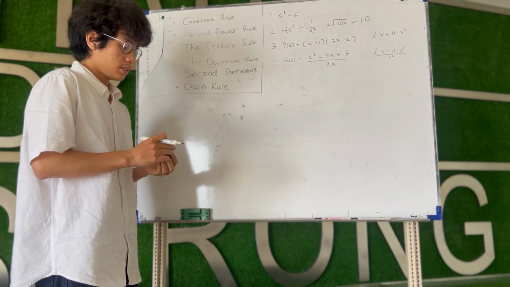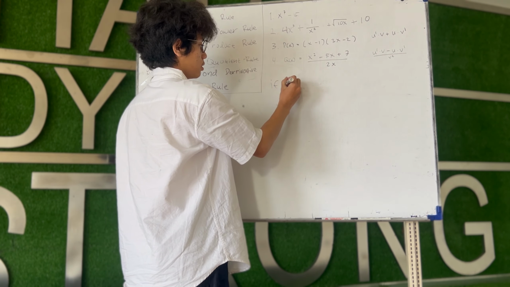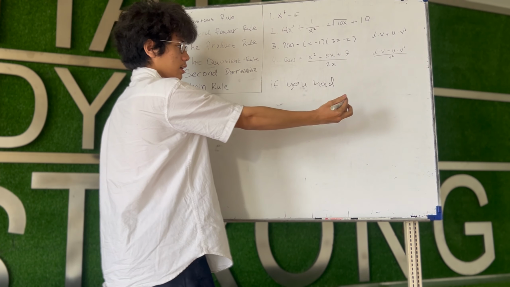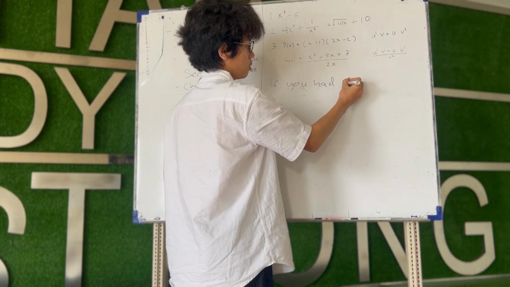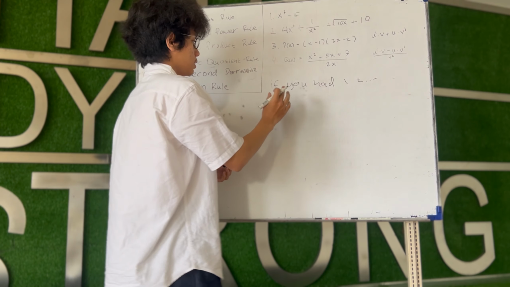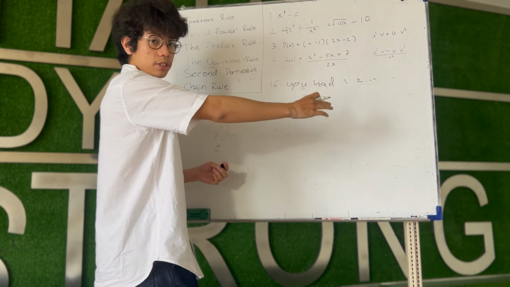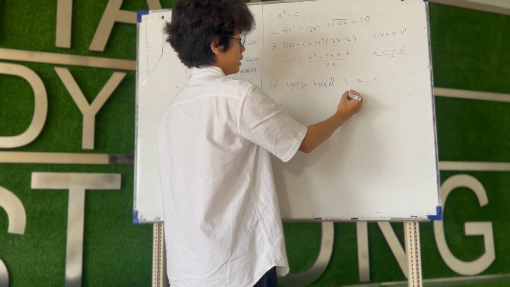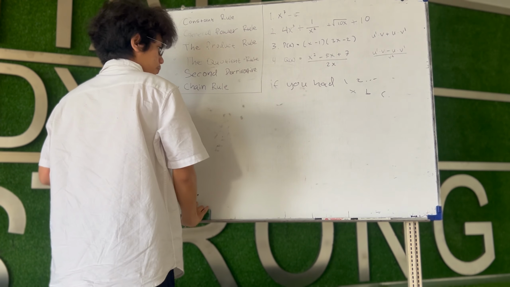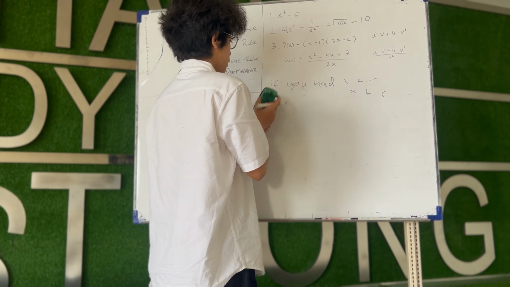So the constant rule is if you have just a constant like 1, 2 or else, but not written with a variable like x, b, c or whatever it is, so it is equal to 0.